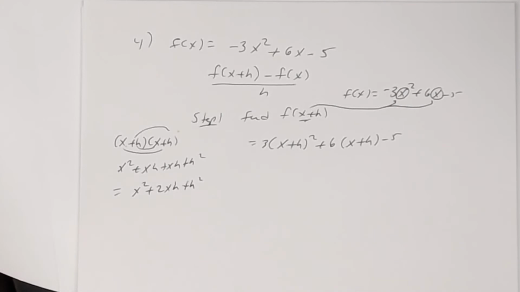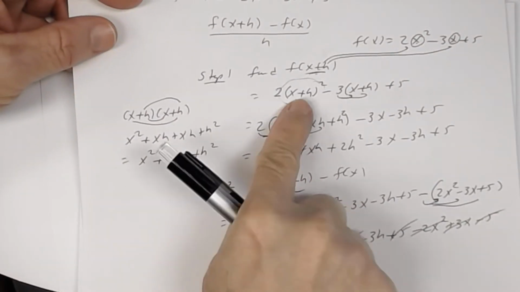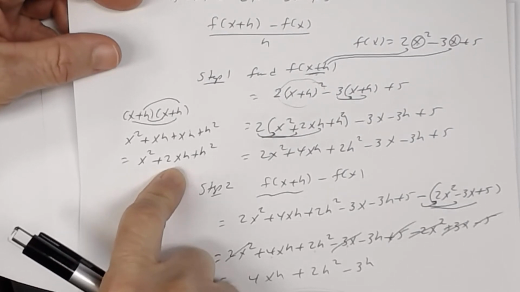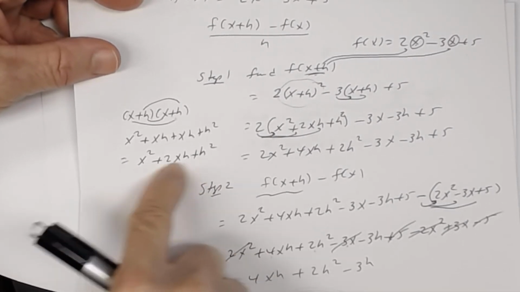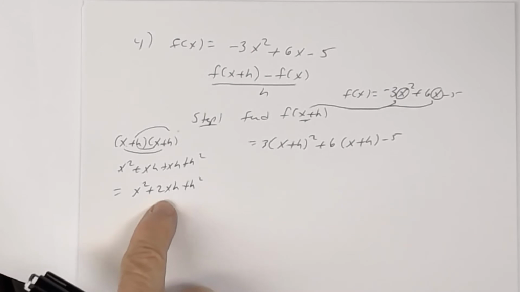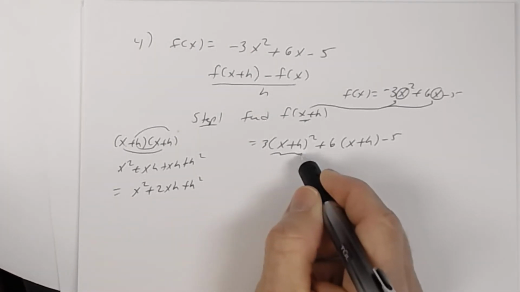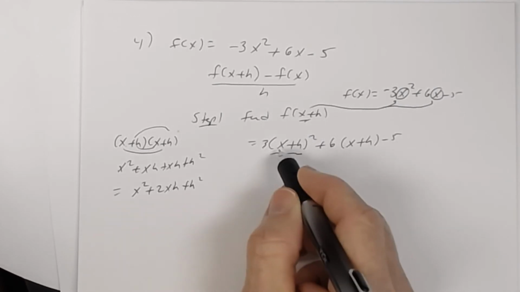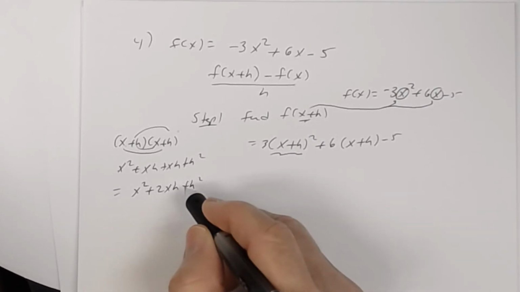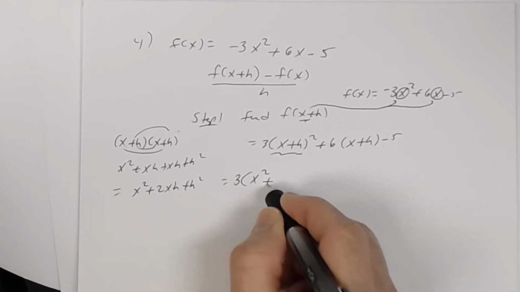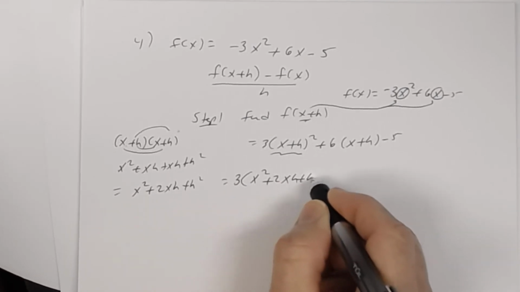The point being that whenever you square x plus h, it's always going to be this. Every quadratic function, you're going to be squaring x plus h. This is what this trinomial should always be. See it? Okay. So that, though, is just this piece here. This factor here has got to be multiplied by negative 3. So this becomes negative 3 times this trinomial, x squared plus 2xh plus h squared.